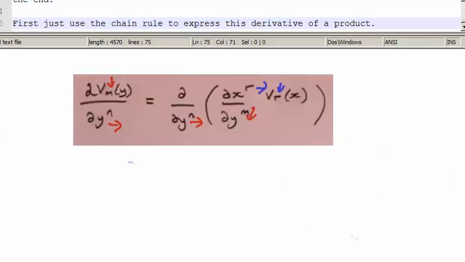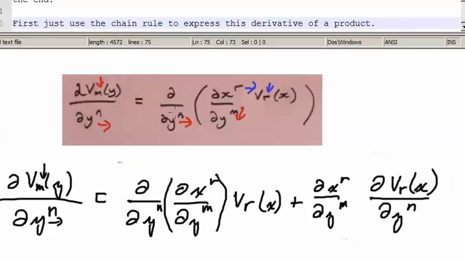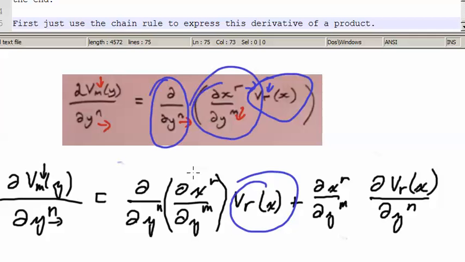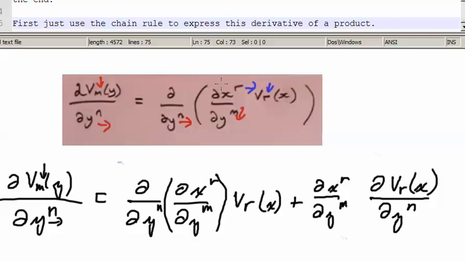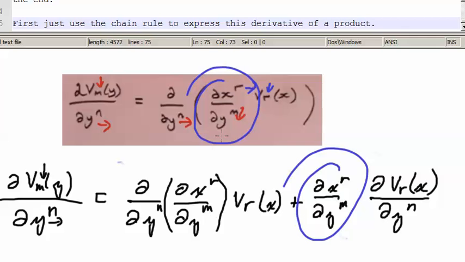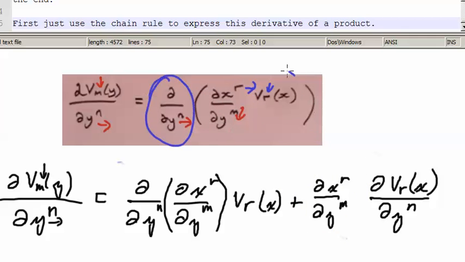first just use the chain rule to express this derivative of a product. So the derivative of this product is going to be equal to this times the derivative of this plus this times the derivative of this.